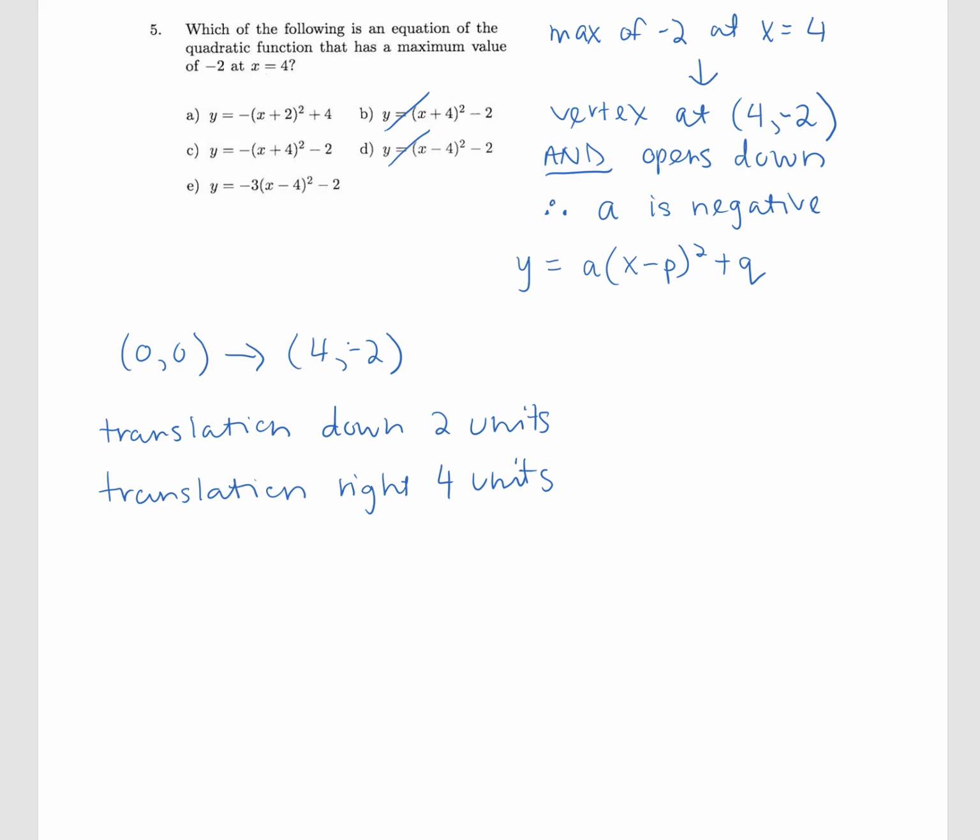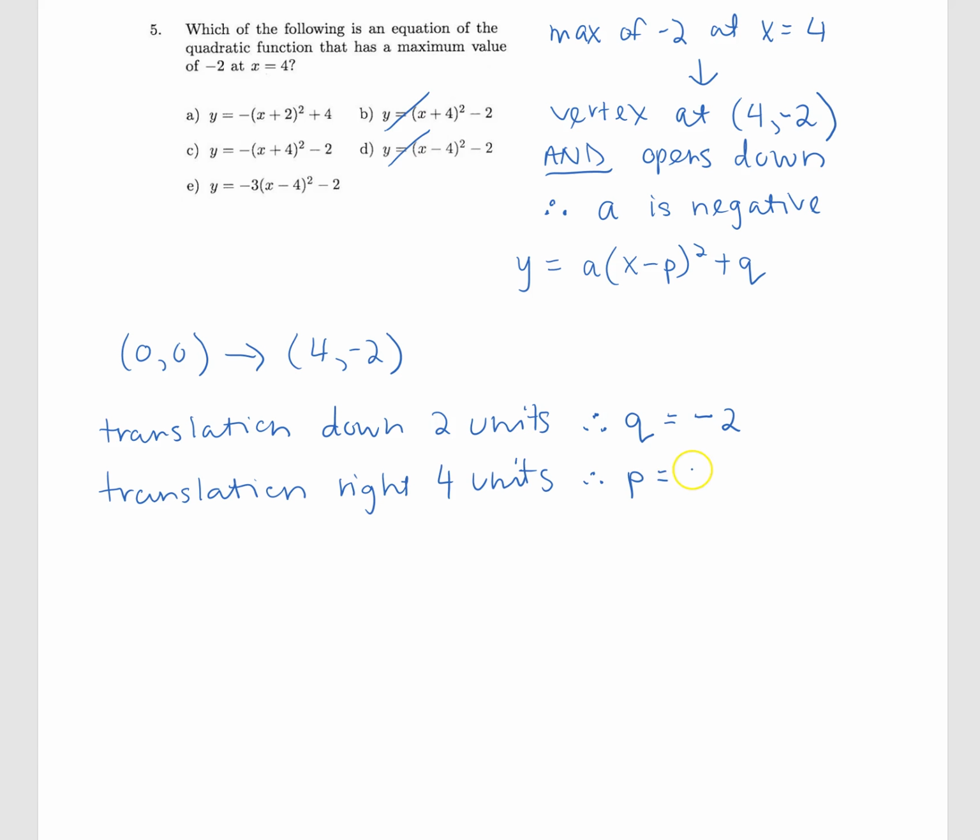So this translation down refers to the value q, and since we've gone down, q is going to be negative, and we've gone down 2 units, so q is equal to -2. A translation left or right refers to the variable p, and since we've gone to the right, p is going to be positive.